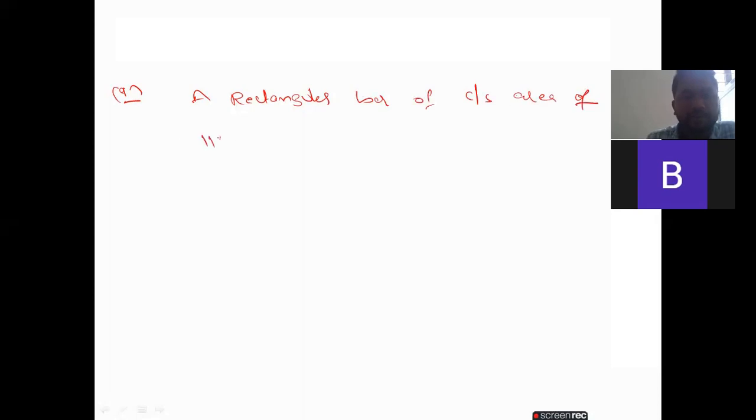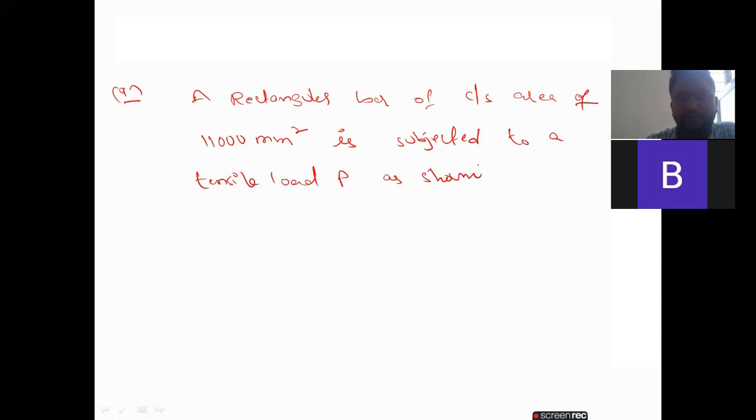So the next problem I will write. Please listen carefully and observe this one. The second problem: a rectangular bar of cross-sectional area of 11,000 mm square is subjected to a tensile load P as shown in figure.